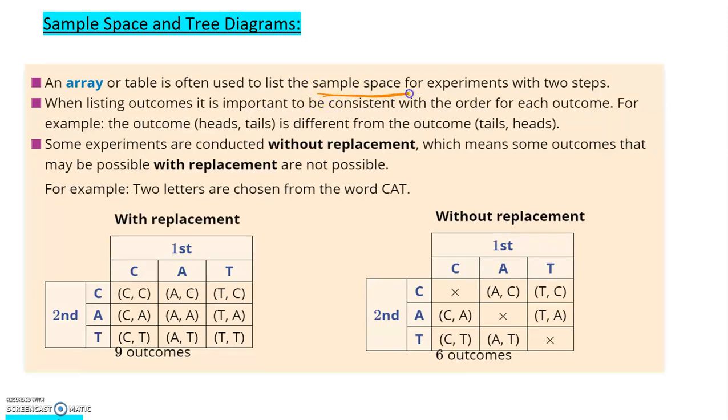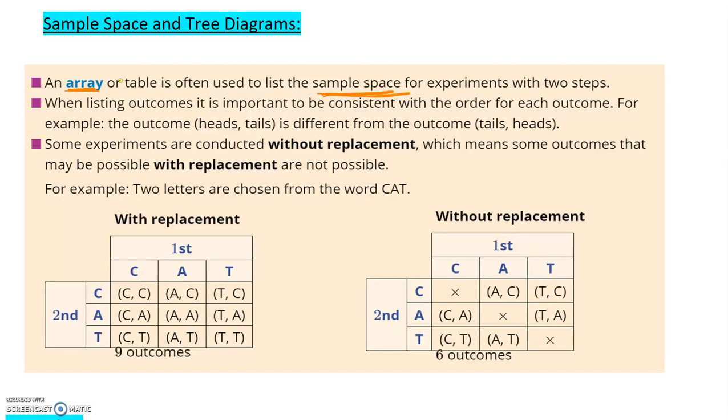So the sample space is the word that we use for the list of outcomes that we get when we conduct an experiment. These are important vocab that we need to take note of. Another one is an array or a table. So basically the simple word is table, but mathematically we say that it's called an array.